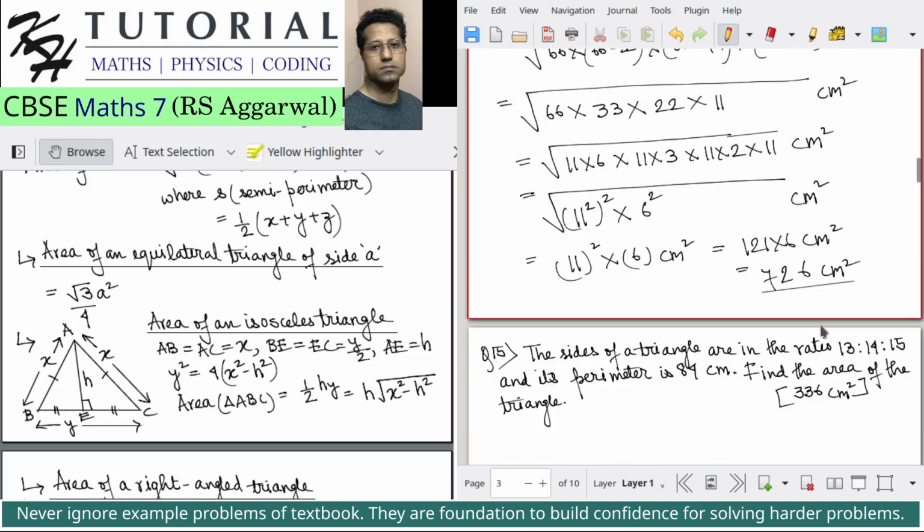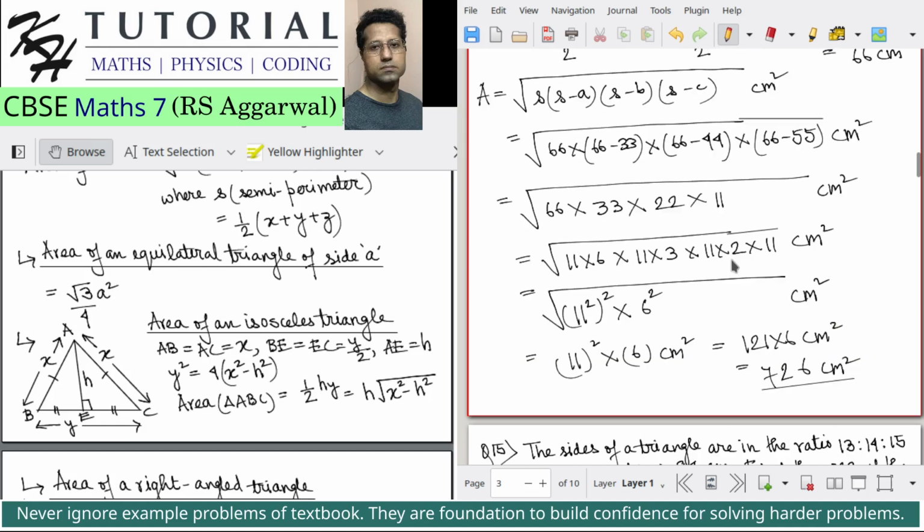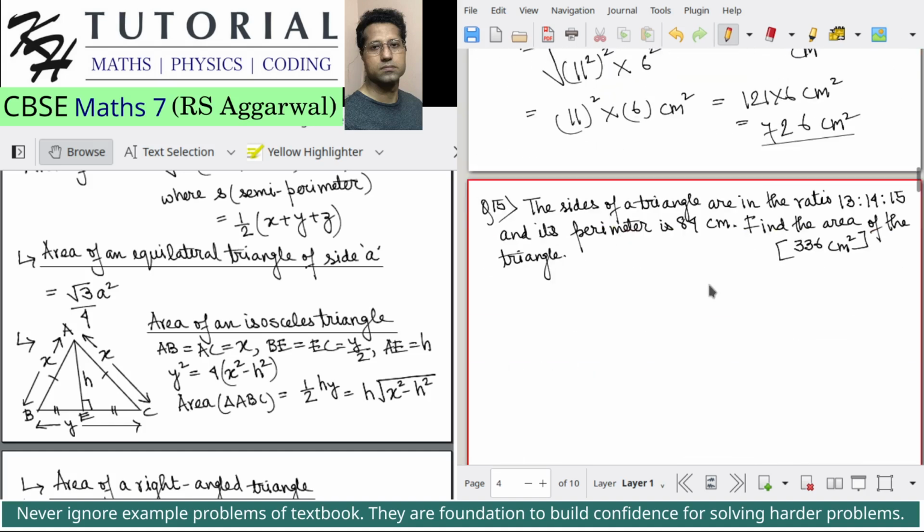Okay, so we know that area, so if we consider the height as h corresponding to the side of length 44 centimeter, we must have 726 should be equal to half multiplied by 44, that is the base, and the height be h. From here we will get height.